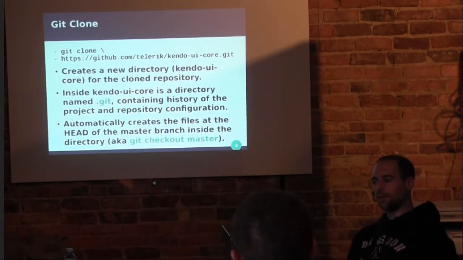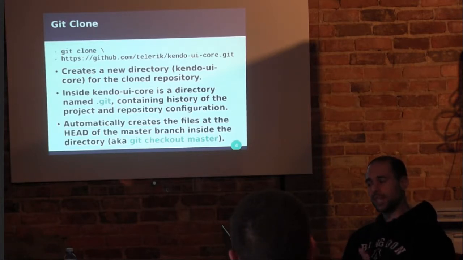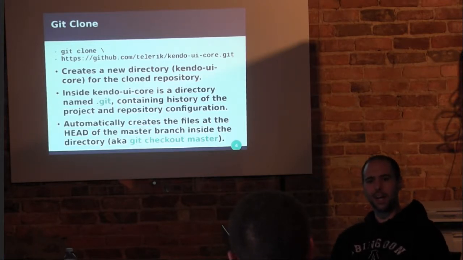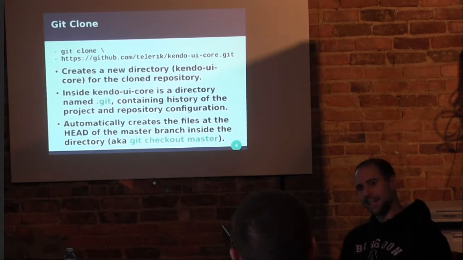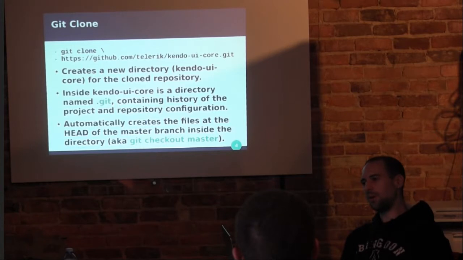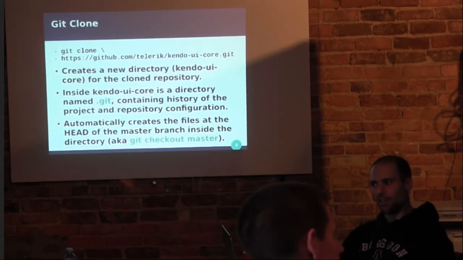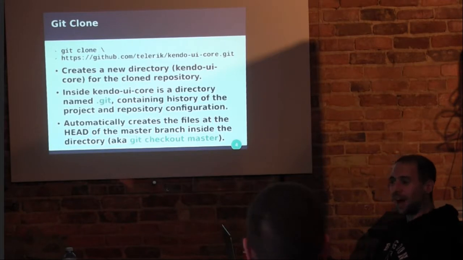That's a convention on more like Linux, Unix machines. A convention for hidden files and hidden directories is that they begin with the dot character. And that's why it's named .git. But when you're browsing in that folder, I generally unhide all the files, and you can see that there's a .git in there.